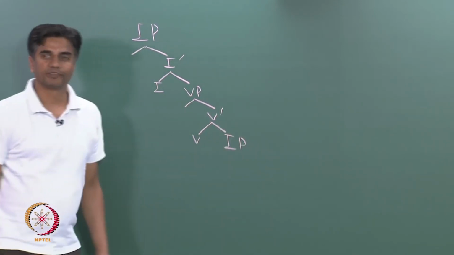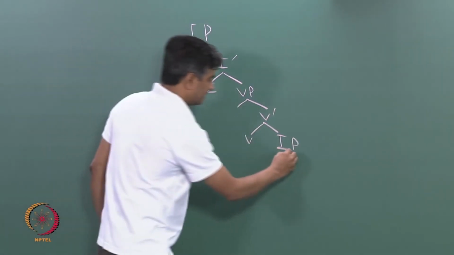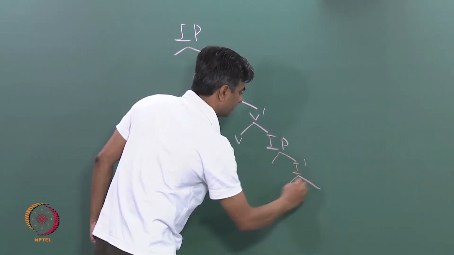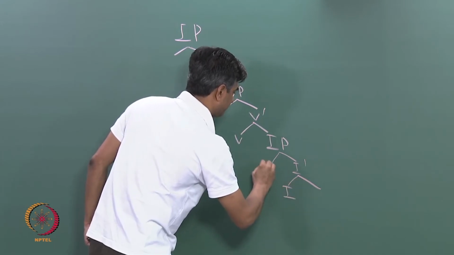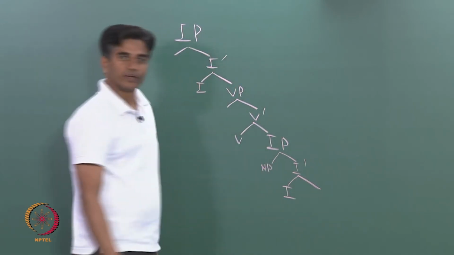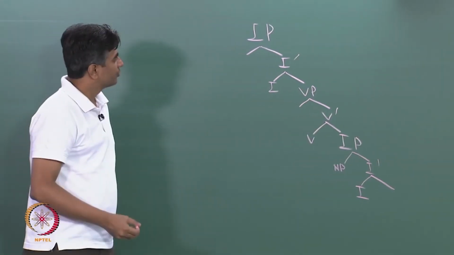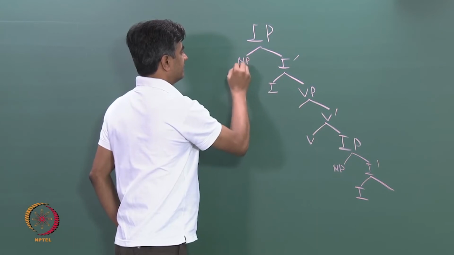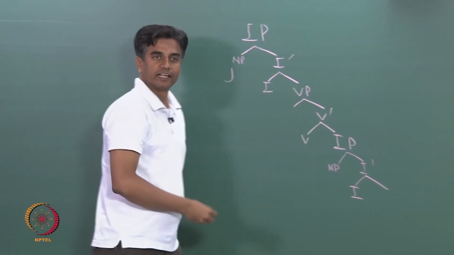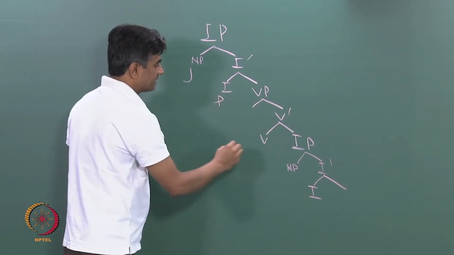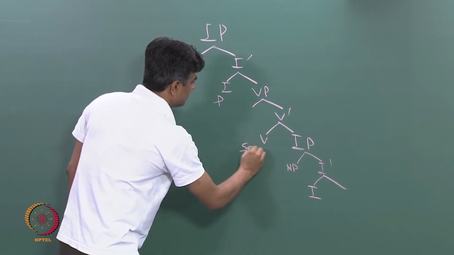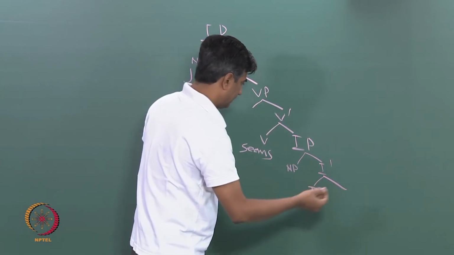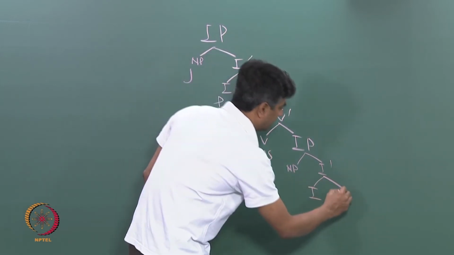This is the IP, right? So I'll stop here. So we are saying if we have a sentence like John, present, seems to be angry.